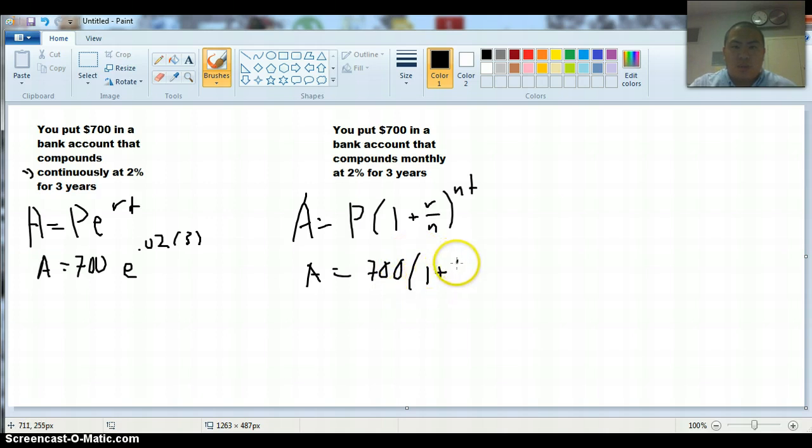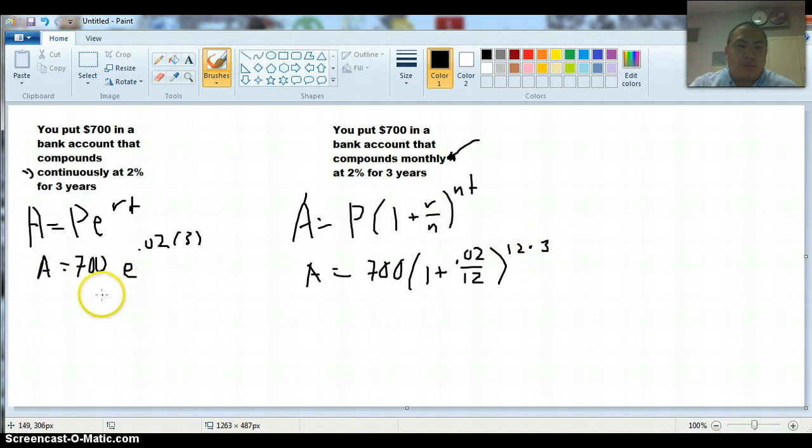My rate is 0.02 divided by n. n is told right here. If it's monthly, how many times does that happen in a year? 12 times. So you divide by 12 here, to the power of 12 times t, which is 3 years.